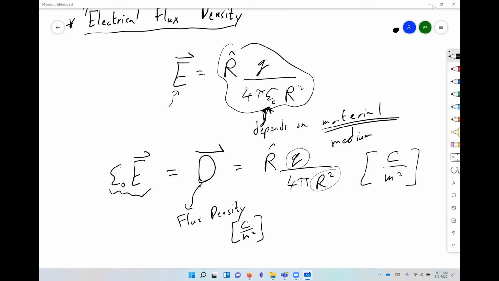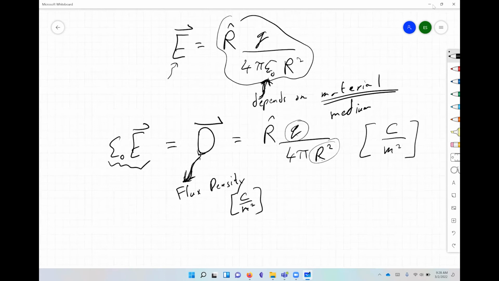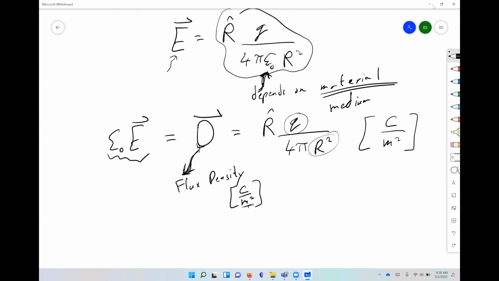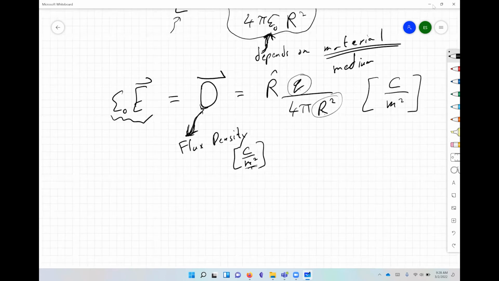Now, D has a deeper meaning that we will get to in time, but at this point, it's enough to understand D as just coupling the material dependency to the vector itself and getting a new version that just depends on the geometry and the charge, right? And it is a sort of density over area, so we can actually integrate it.